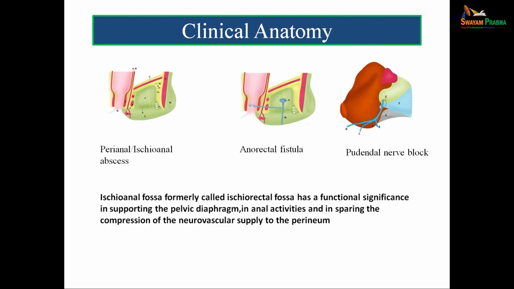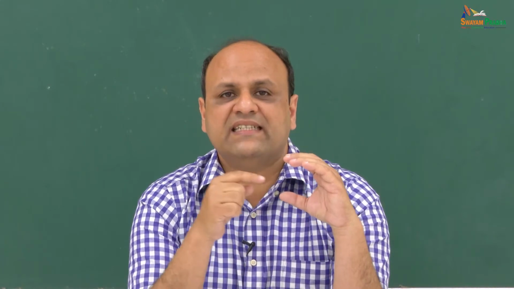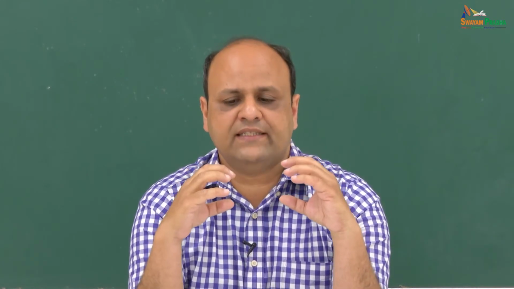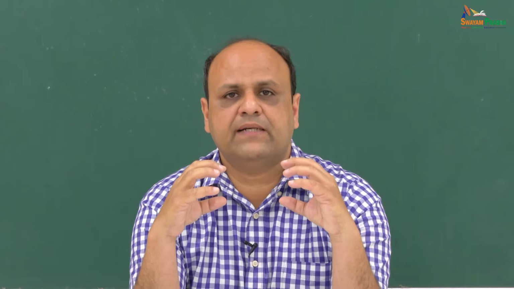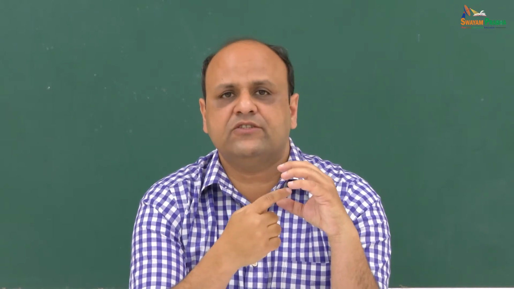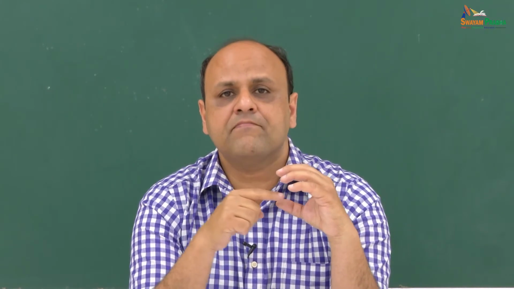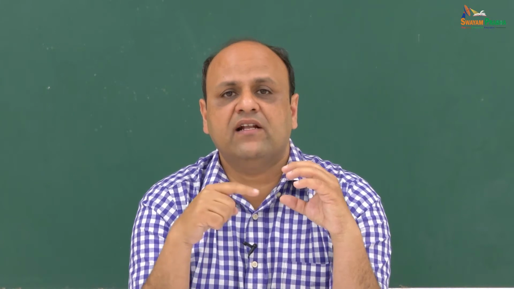Then another applied aspect of this fossa is the fistula in ano, or the fistula in rectum, or the anorectal fistula. Sometimes this abscess which is formed opens inside the anus. On either side of the anal canal you have two wedge-shaped spaces, and if an abscess is formed here, it may drain into the anus in relation to the anal crypts.